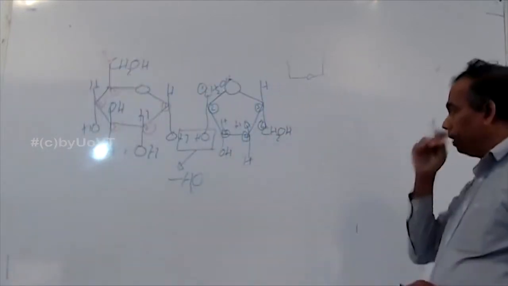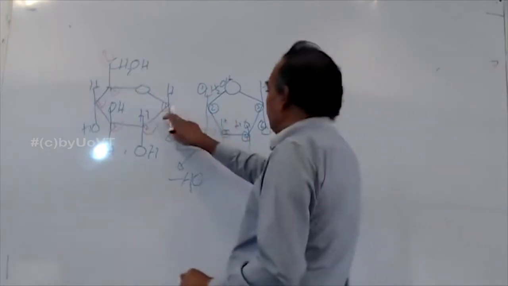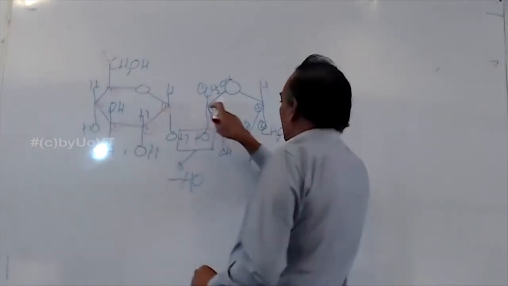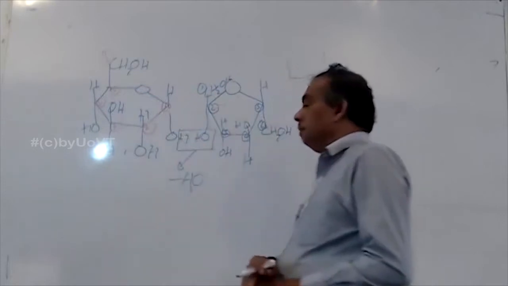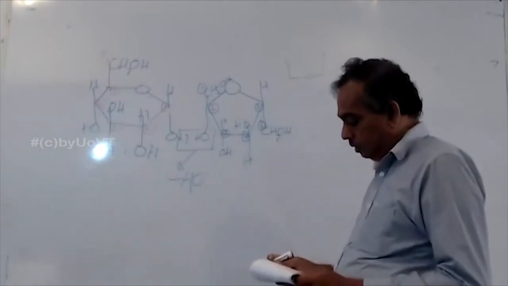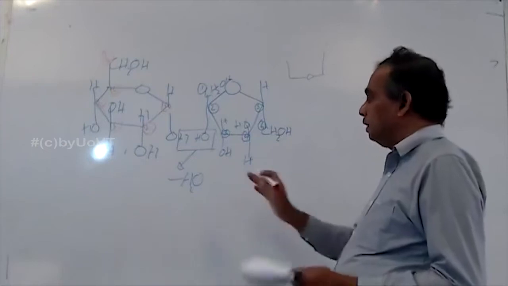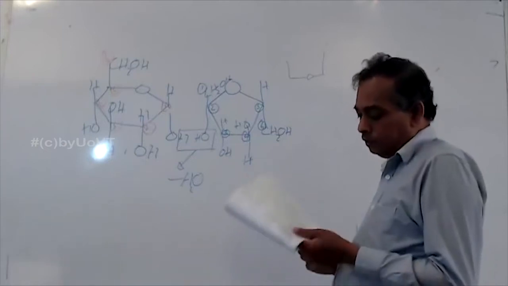Now you can clearly observe the bond between the first carbon of the glucose and the second carbon of the fructose. So that is the nature of sucrose.